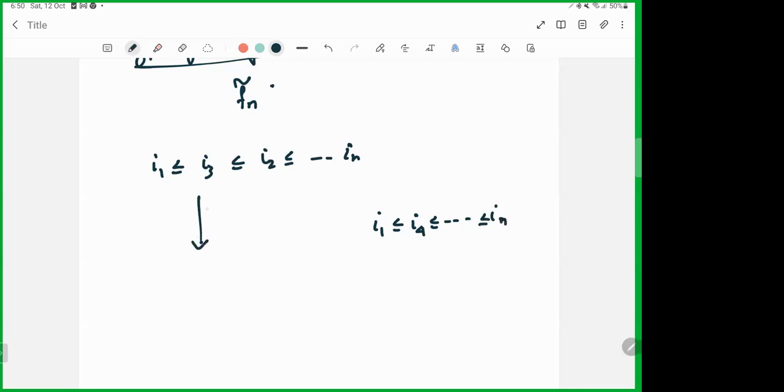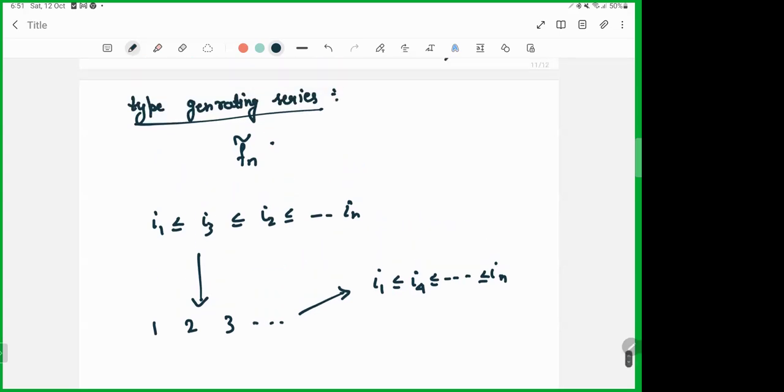I will define a map from here to here: I1 goes to 1, I3 goes to 2, I2 goes to 3, and so on, and then define a map from the other: 1 goes to 1, 2 goes to 4. This will prove that these two are equivalent.